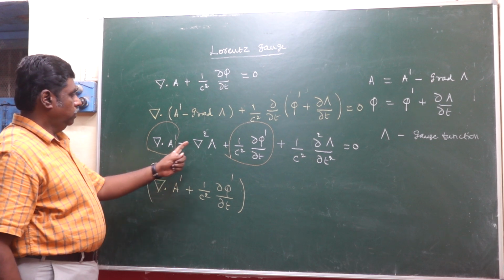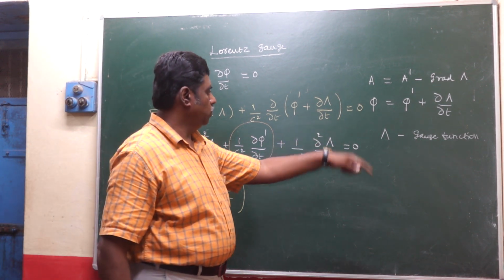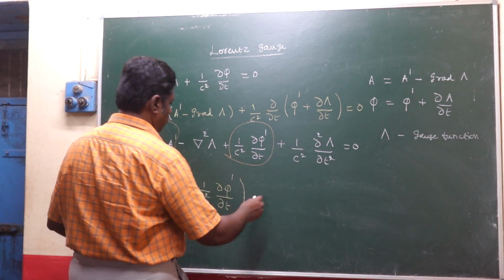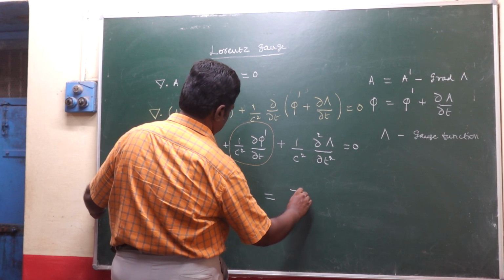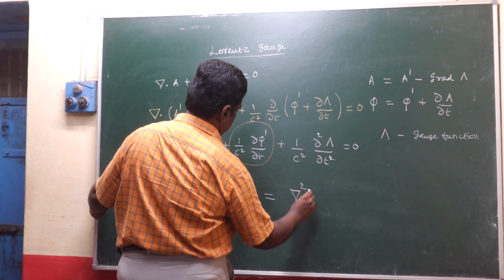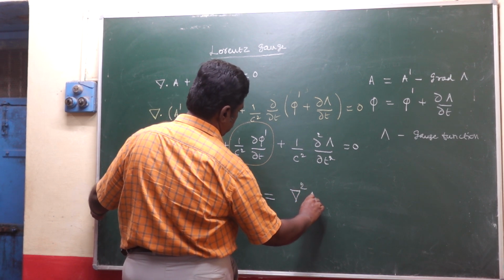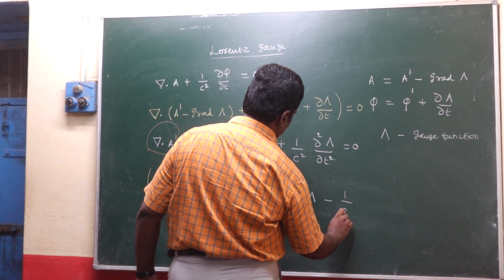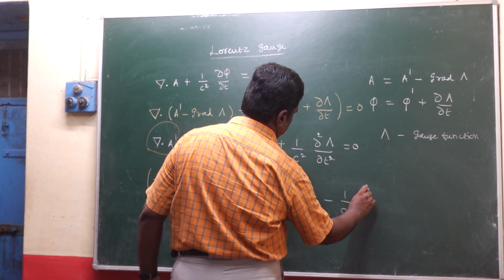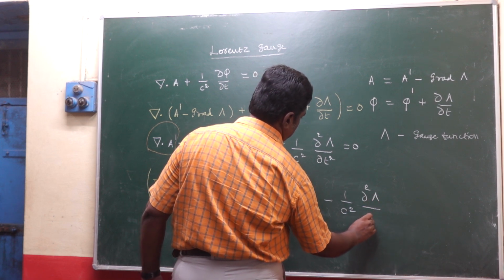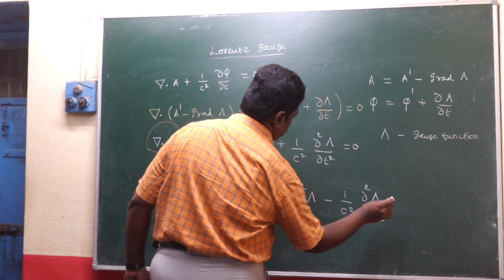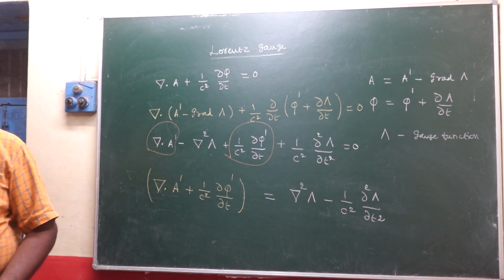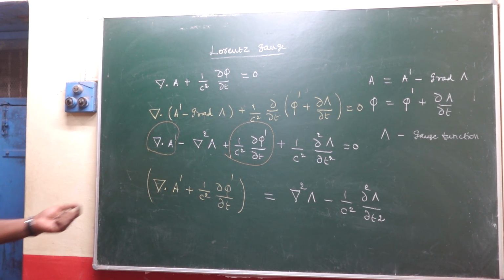Then shift these two terms to the right hand side, which is equal to del square lambda minus 1 by c square dou square lambda by dou t square. See this expression.